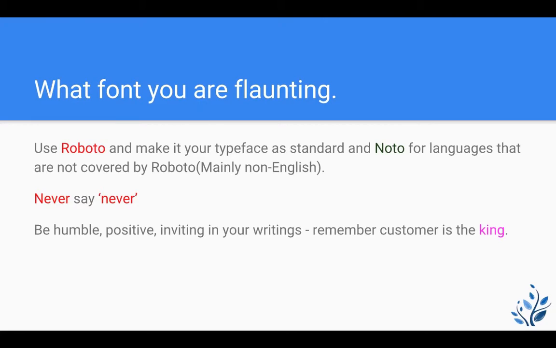For the fonts, you have a great selection to make. When it comes to English or English-like languages, use Roboto, and when it comes to non-English foreign languages, use Noto. Never say never. As they say, never say never. It applies to apps also. Be humble and genuine when you are working with the user.